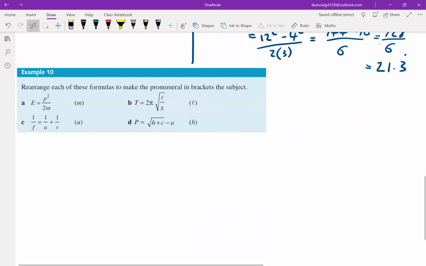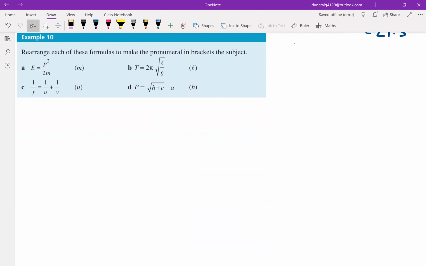Alrighty, third example here. All it's asking us to do in this example is to rearrange the subject to whatever the subject is indicated. So here we've got E is equal to P squared over 2M, and we want to make M the subject now. First I'm just going to say these aren't necessarily easy.